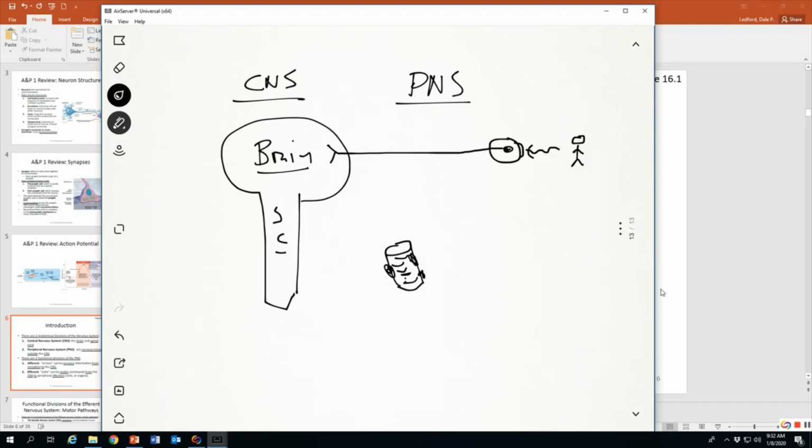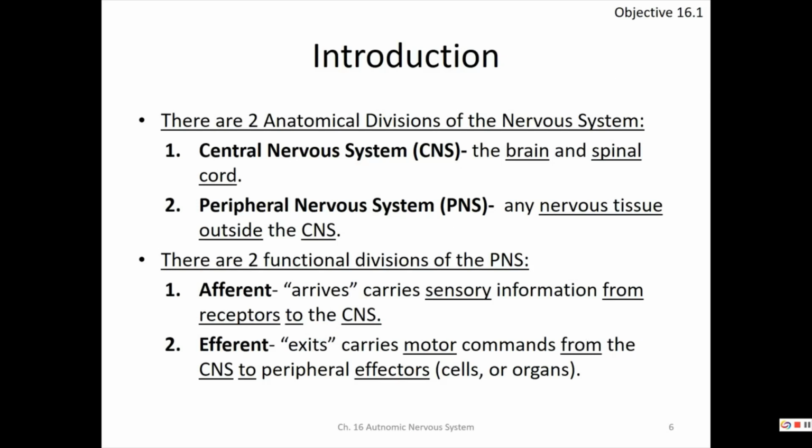And we would have a neuron in here that would go out to that and tell that muscle to take us towards this lovely person that we want to go ask out on a date. So our CNS is the part of the nervous system that is receiving information and sending out motor commands. Okay, so here we have sensory, here we have motor.